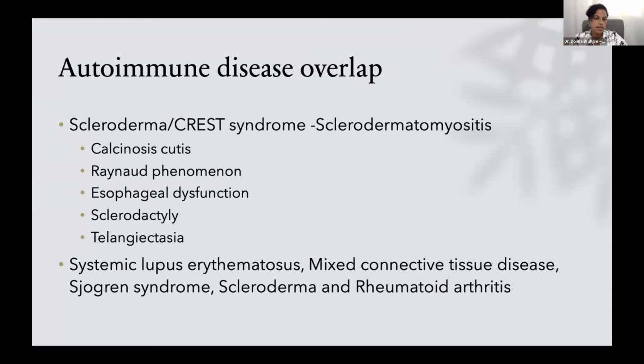Erythema. Can get esophageal dysfunction, sclerodactyly, so they get a very penciling thinning of the fingers, and telangiectasias, which we'll show you when we go through scleroderma. There may also be overlap with systemic lupus erythematosus, mixed connective tissue disease, Sjogren's syndrome, scleroderma, and rheumatoid arthritis.